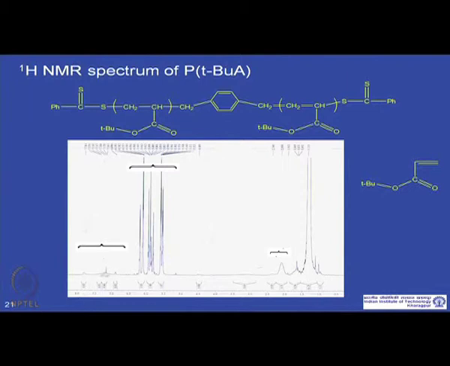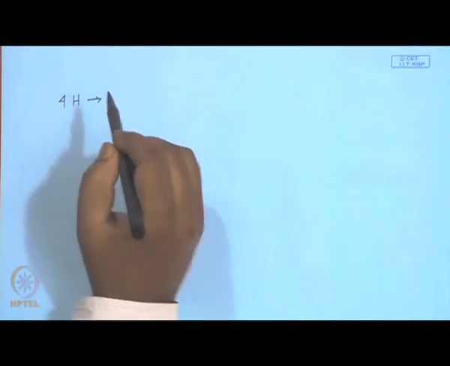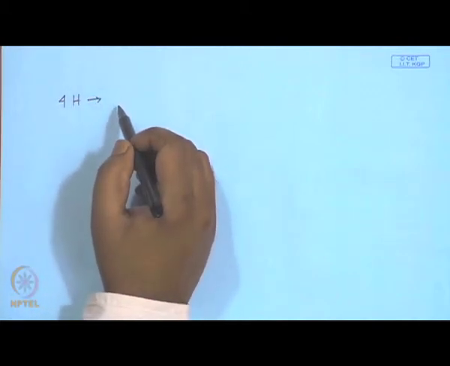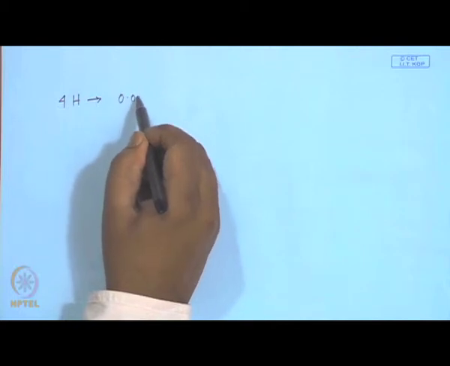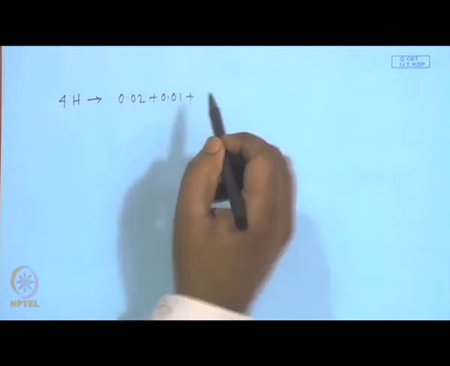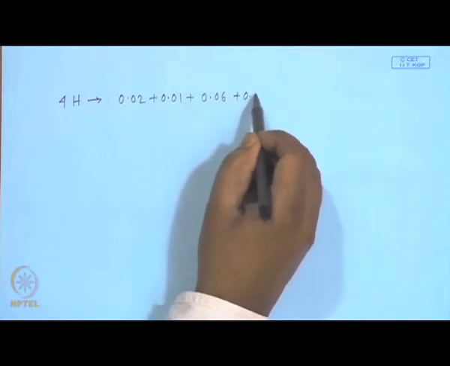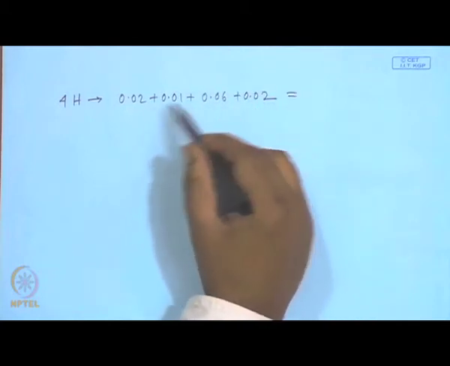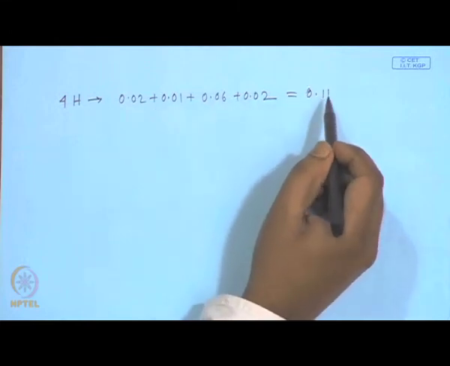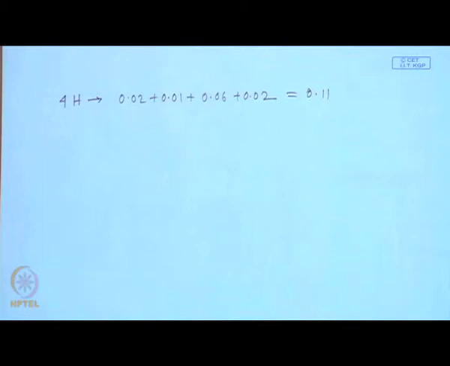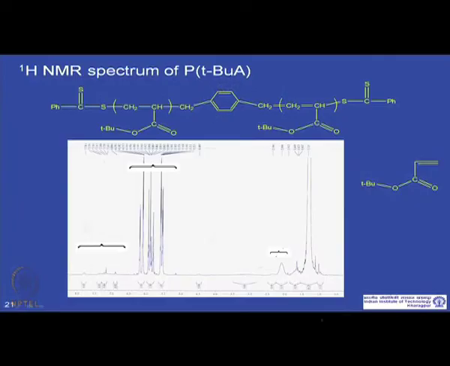Now, these peaks correspond to these 4 aromatic protons. You cannot see it properly, but it comes around 0.11. So, this corresponds to the 4 hydrogens of these aromatic protons.